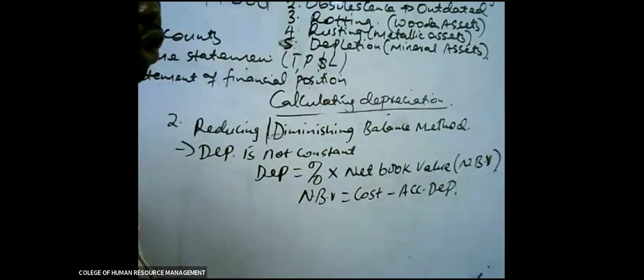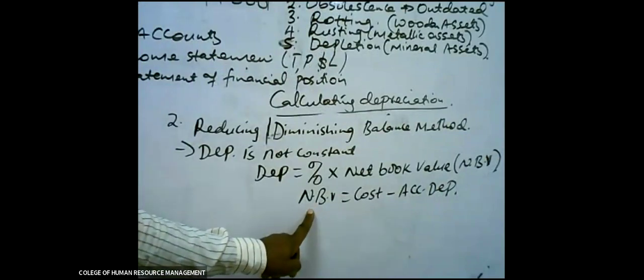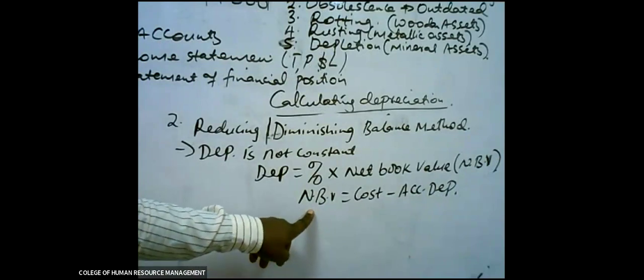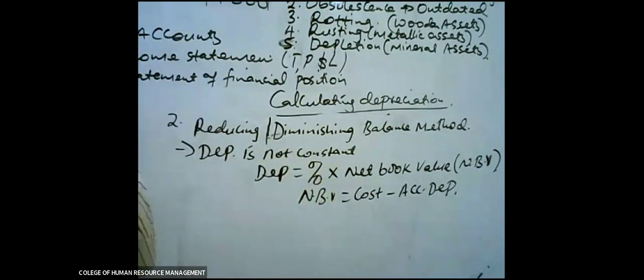We multiply by the net book value, where NBV is normally given by cost minus accumulated depreciation. Cost minus accumulated depreciation gives you the NBV, net book value. Then that net book value we multiply by the percentage.